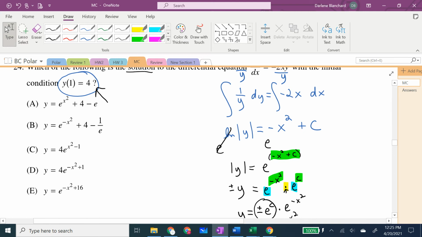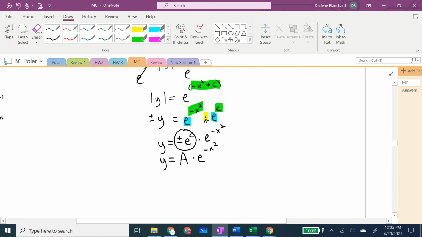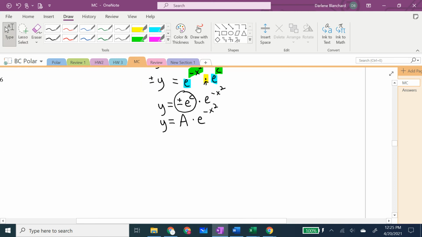Now, y of 1 is equal to 4. Let's plug it in at this point. So y is 4 when x is 1. And that means that this unknown constant is actually 4e.